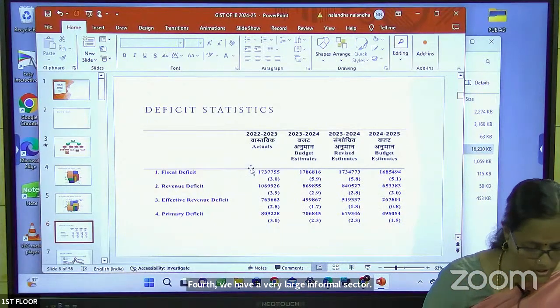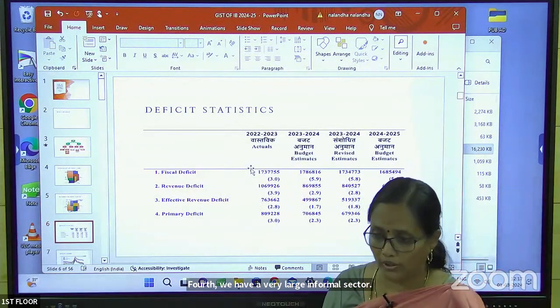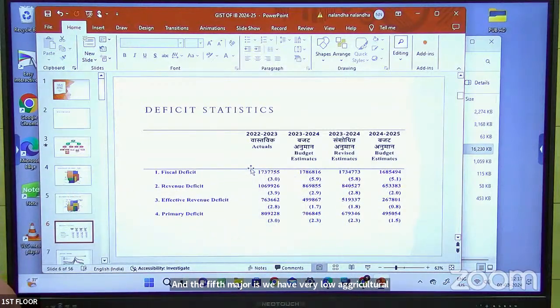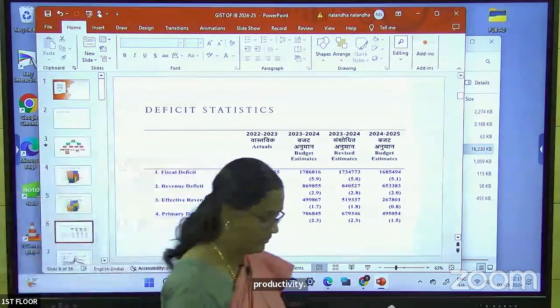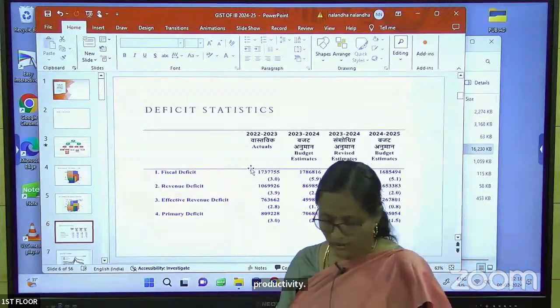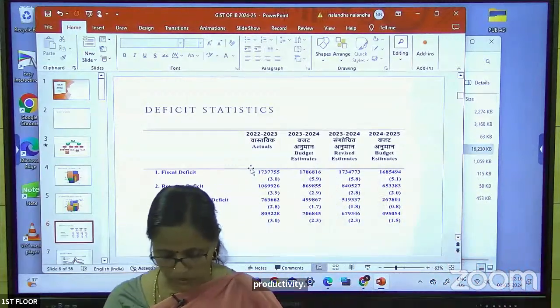And the fifth major is we have very low agricultural productivity. So they are all the structural issues in Indian economy.